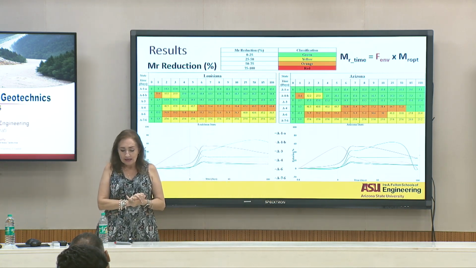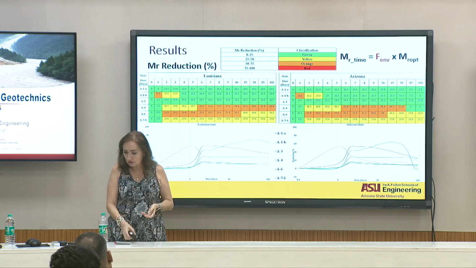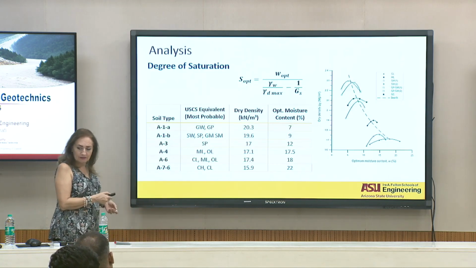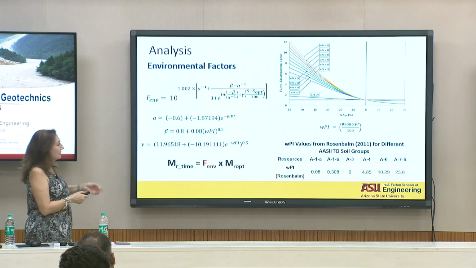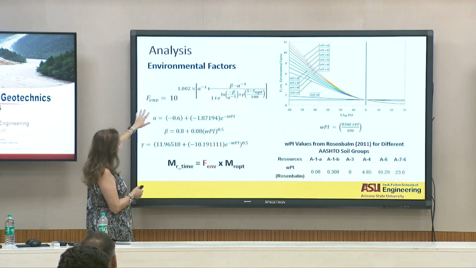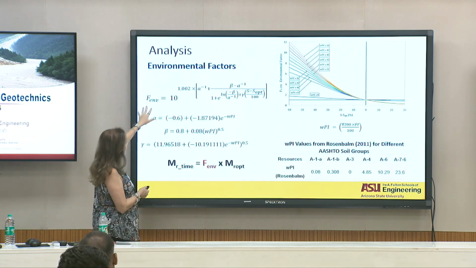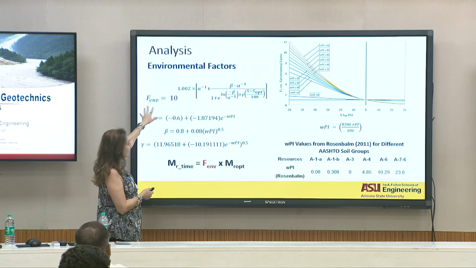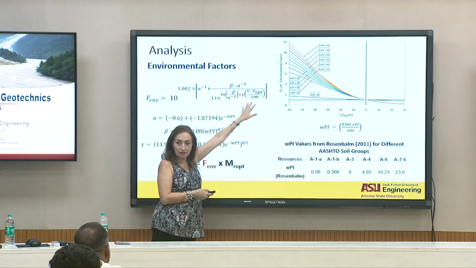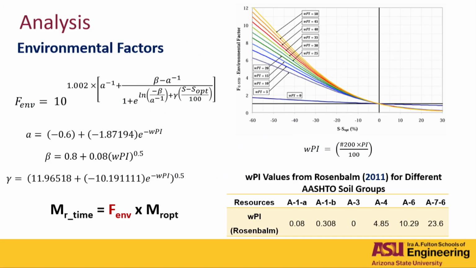Thank you. Yeah, but this is a good question, because what you have here is the change in environmental condition as a function of degree of saturation. And this is a nonlinear function, right?